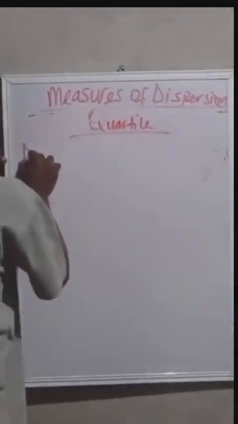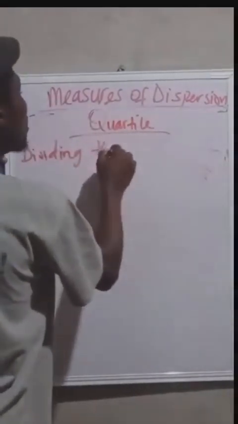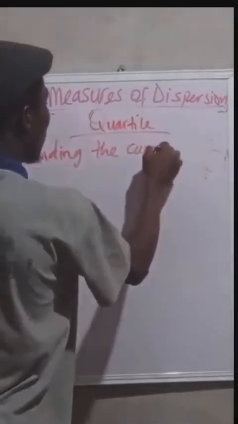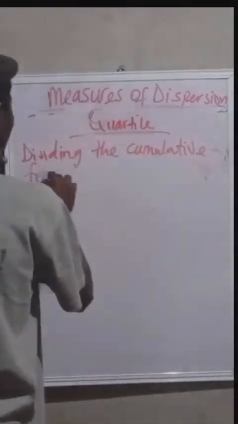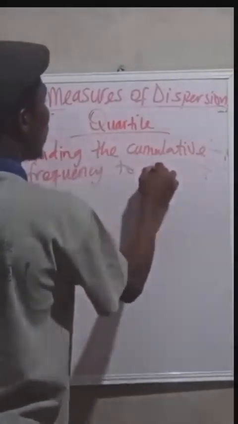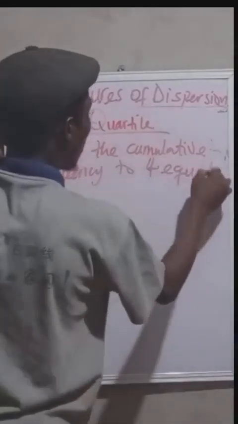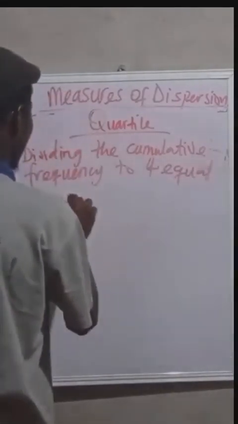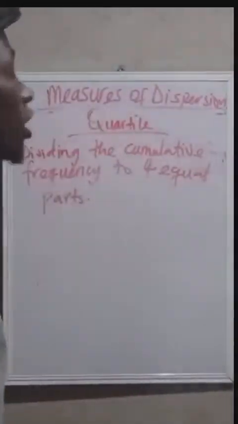It is dividing the cumulative frequency into 4 equal parts. That's what we mean by quartile. So quartile is dividing the cumulative frequency into 4 equal parts.